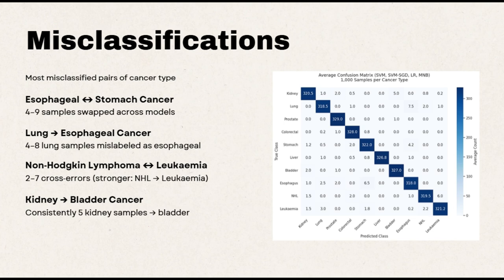But we can also see that the type of cancer can affect the amount of misclassification, because there were no models confusing prostate or colorectal cancer significantly. This could be because they have distinct vocabularies, so models can misclassify when the cancer types have similar vocabularies.